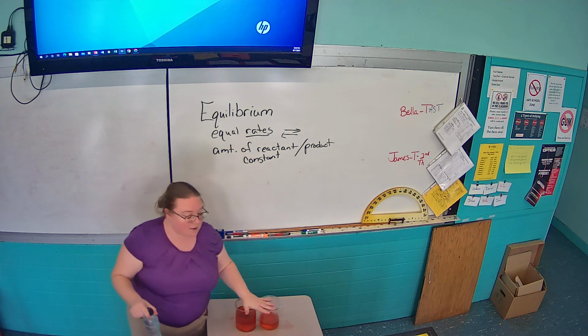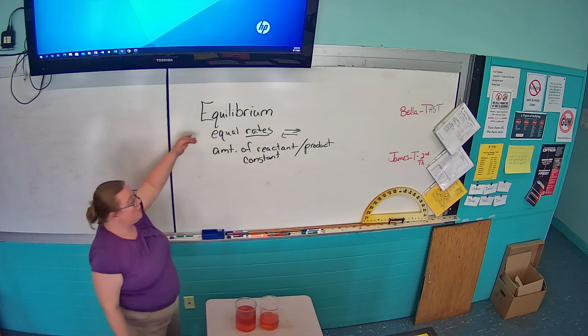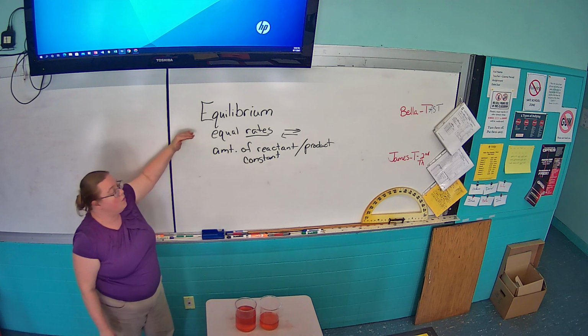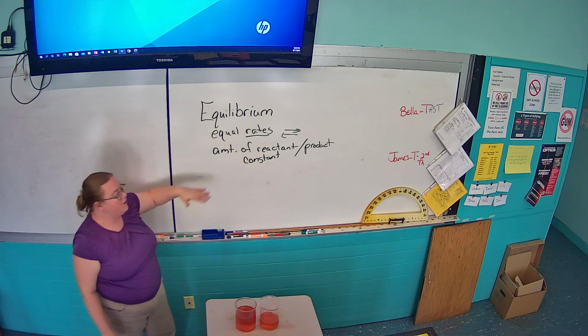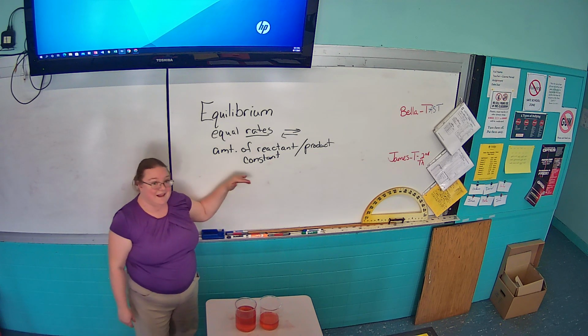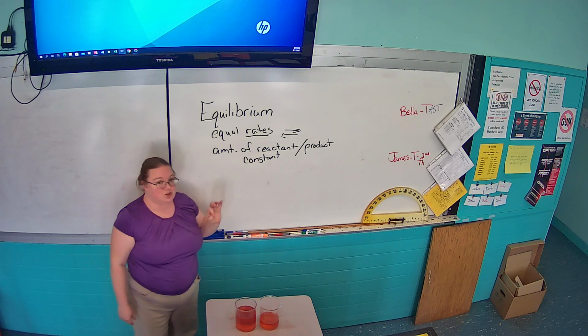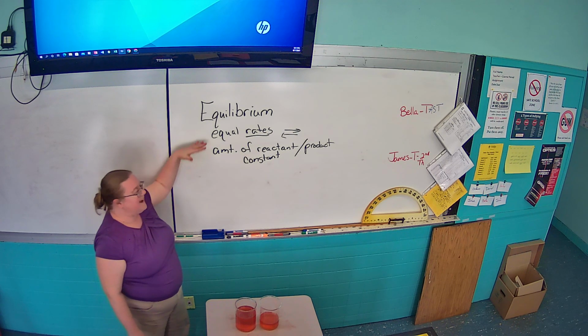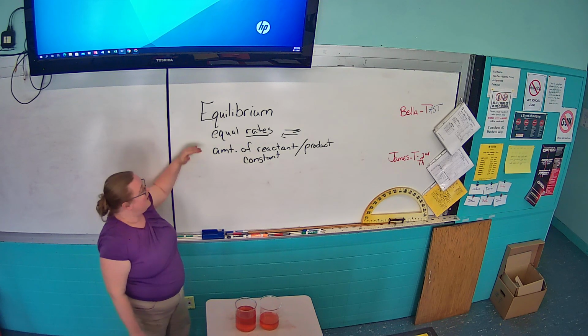All right, so what you need to remember is at equilibrium, the rates of your forward and your reverse processes will always be equal, and your concentrations will be constant. I would strongly suggest avoiding using the word same, because we could use that word to talk about either of these.